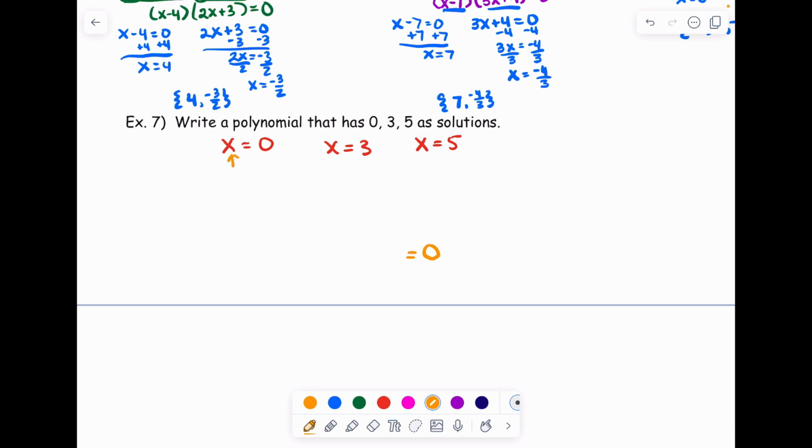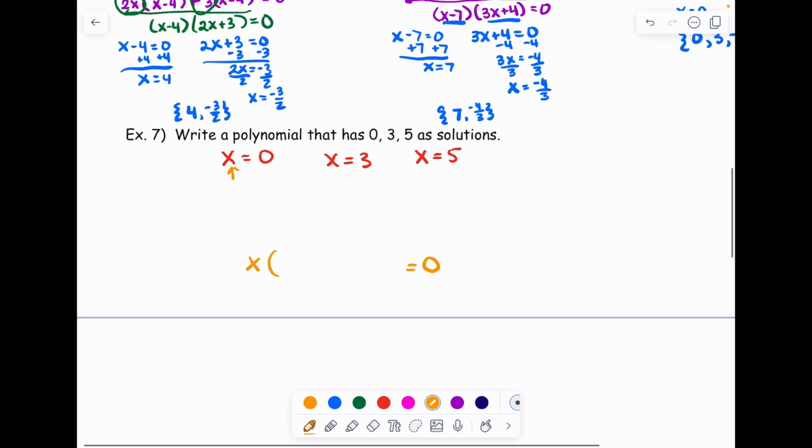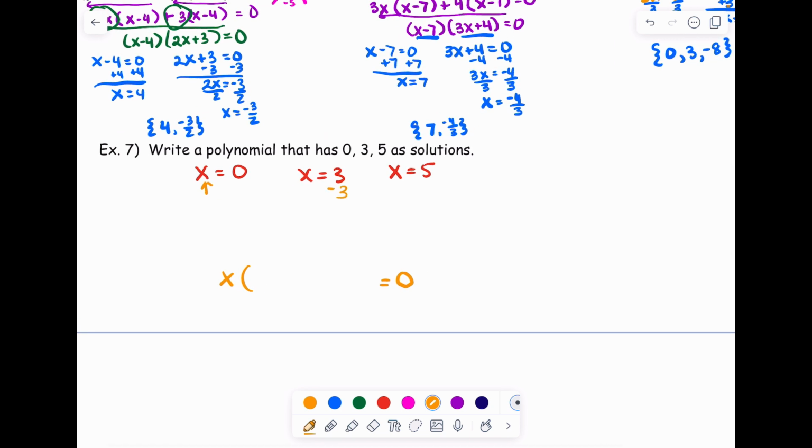The first one already has 0 on one side, so we have x. And the second one does not. So let's get 0 on one side, and you'll see that x minus 3 will equal 0. So x minus 3 is the next factor. And then again, no 0, so we need to make 0, and we'll get x minus 5 equals 0. You can kind of see how we're moving backwards.